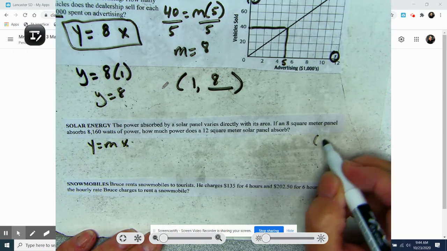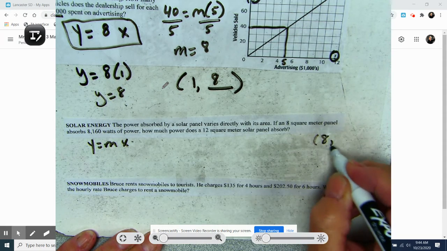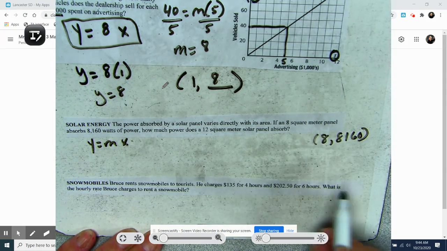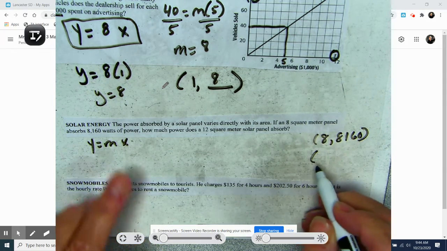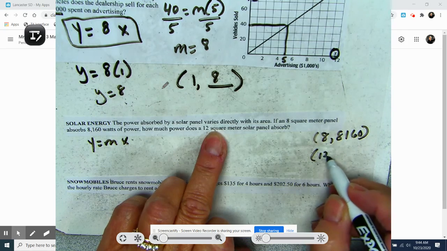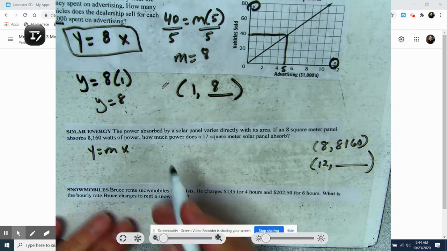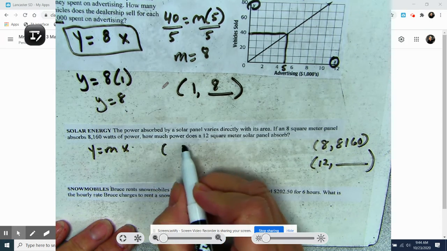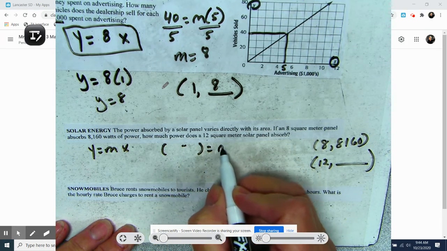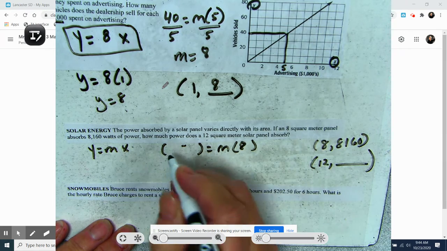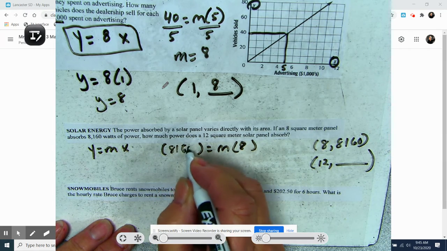So we've been told we have 8 and 8,160. We're going to use that information to find out. Now we want to know what y is when x is 12. So again, y equals mx. X is 8. Y is 8,160.